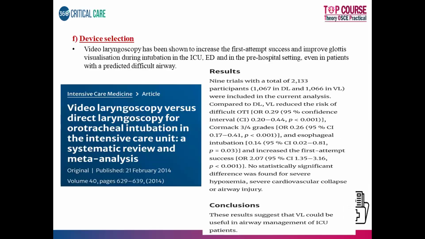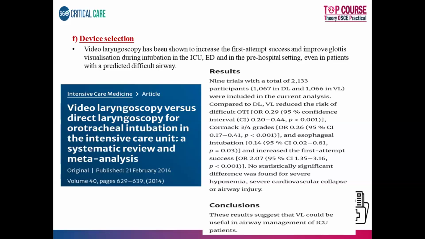Now coming to the device selection. The DAS guidelines, and most of the guidelines and studies, tell us that the ideal way of intubating an ICU patient is by using video laryngoscopy. It has been shown that it increases first attempt success and even improves glottic visualization during intubation. There are a lot of studies, and this is one of the meta-analyses, produced in 2014.